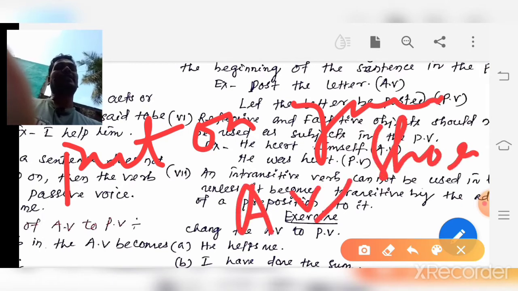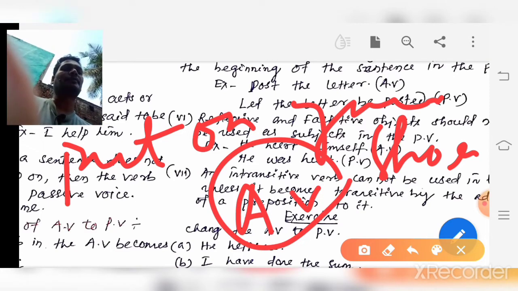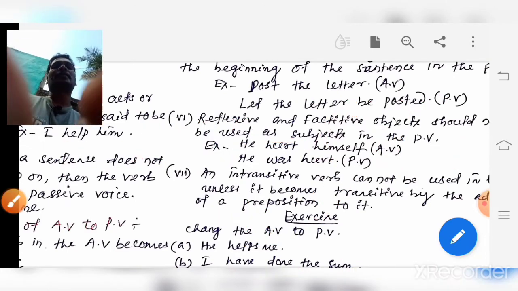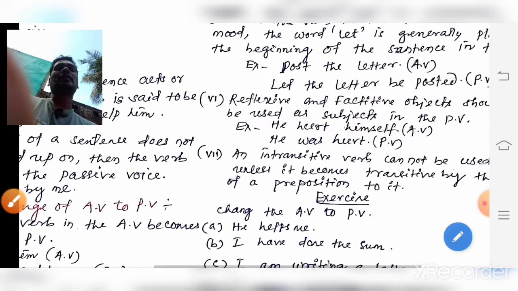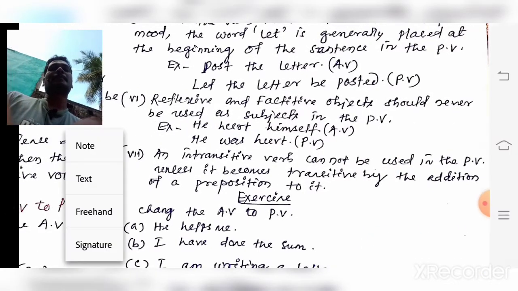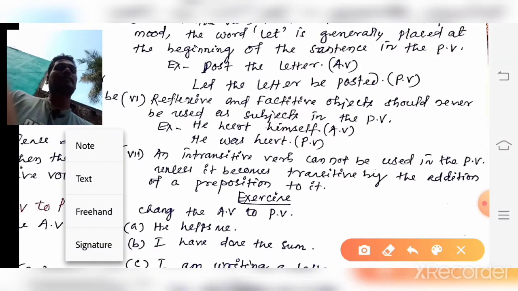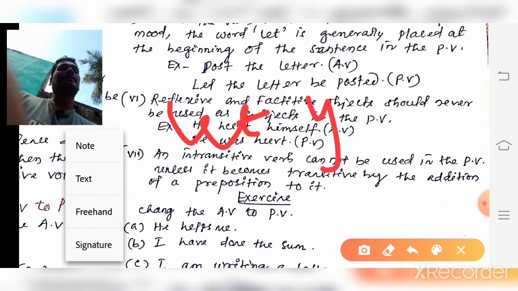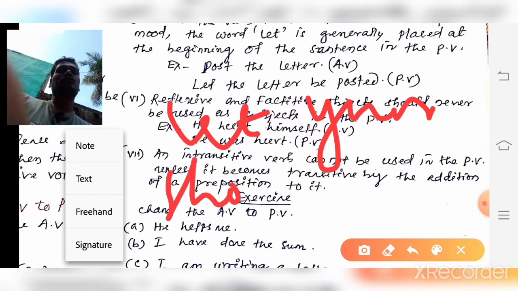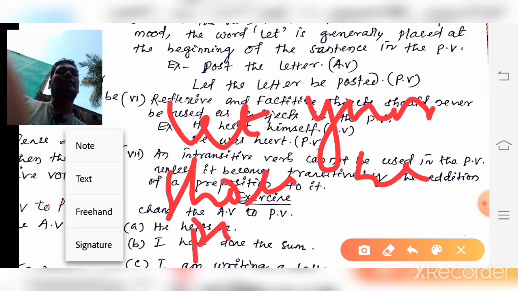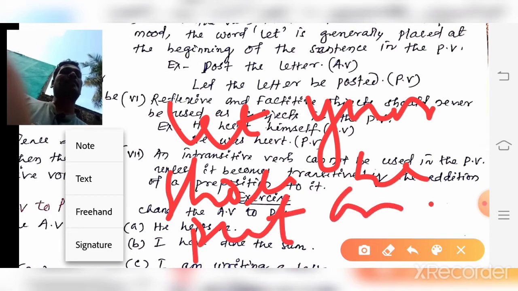The sentence is in AV form. Then what is the PV form? Let your shoes be put on. This is the PV form.